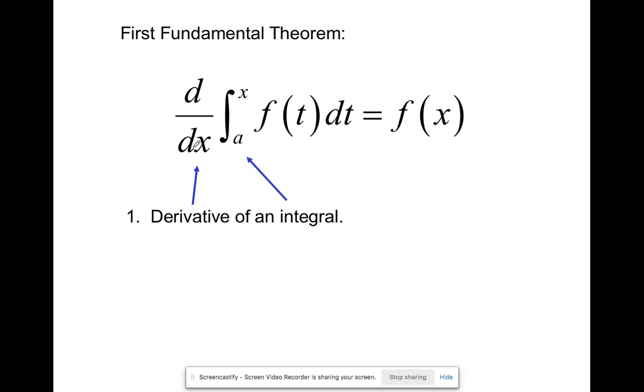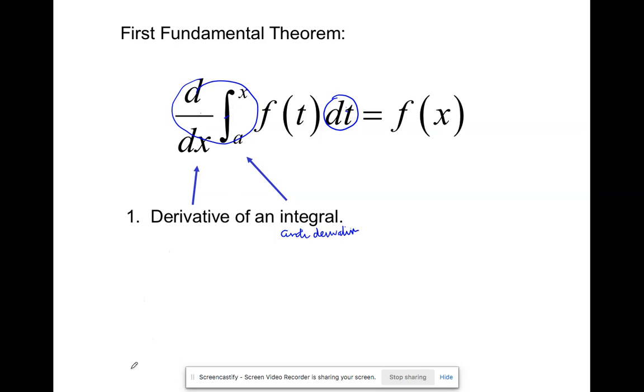Notice if you have the derivative of an integral, and a synonym for integral is antiderivative, the derivative of an antiderivative, that's what I have right here, and here. That's all part of the antiderivative and derivative notation.